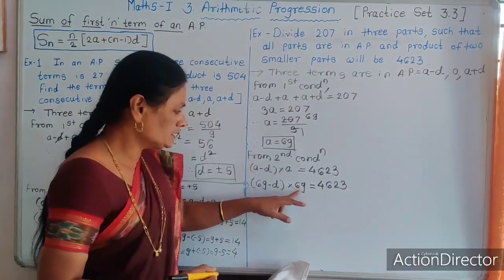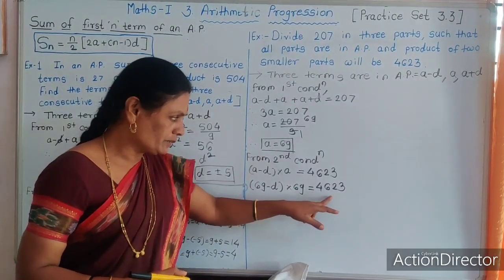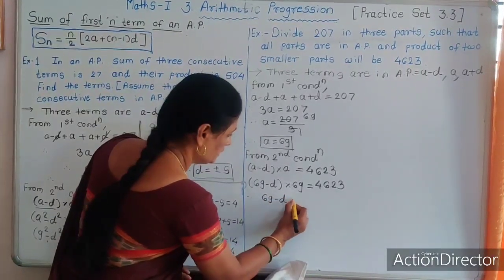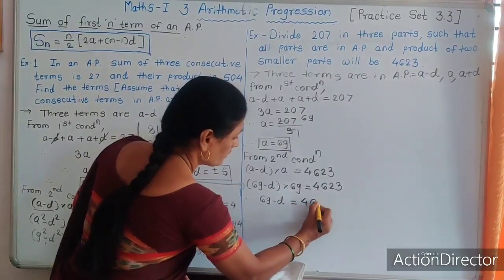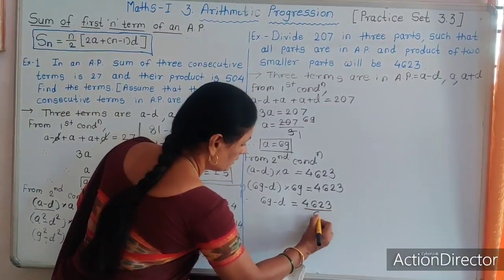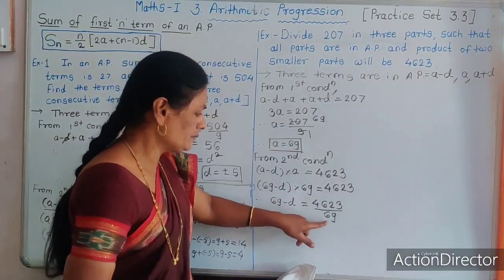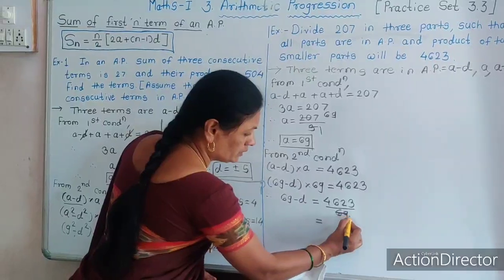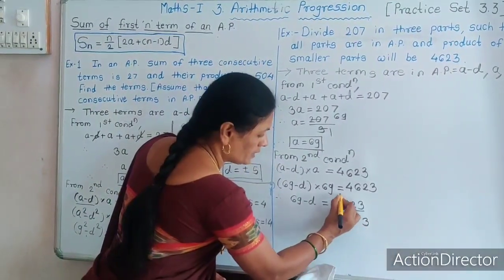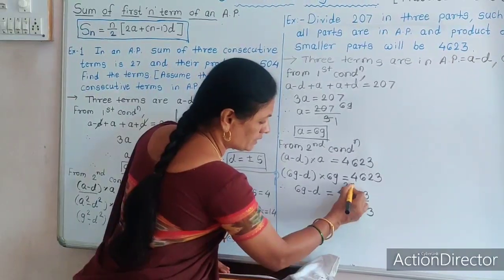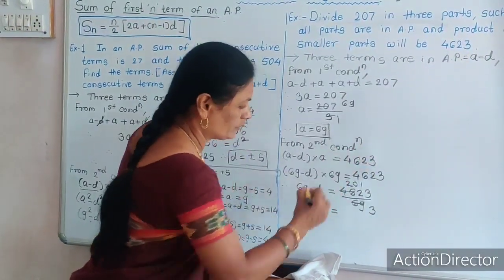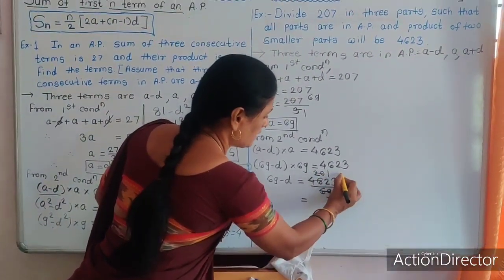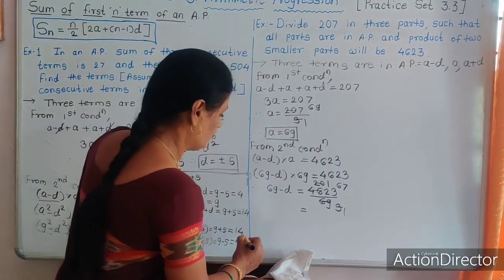Here 69 is multiplied, therefore it becomes divide. Therefore 69 minus d is equal to 4623 divided by 69. Multiply here becomes divide. Dividing, 23 goes into it.